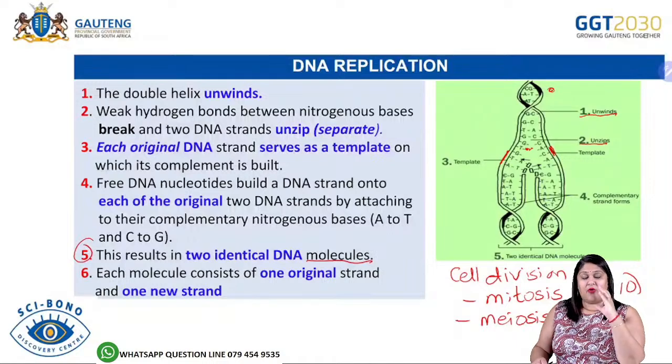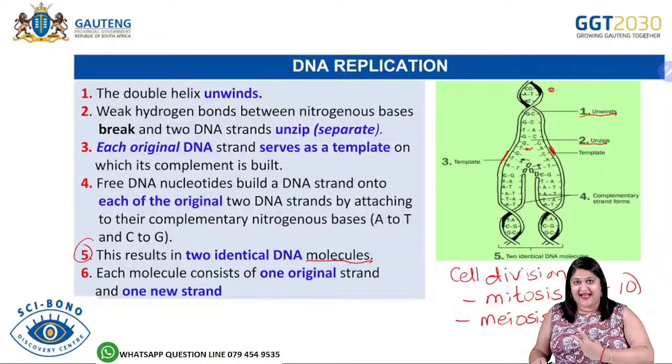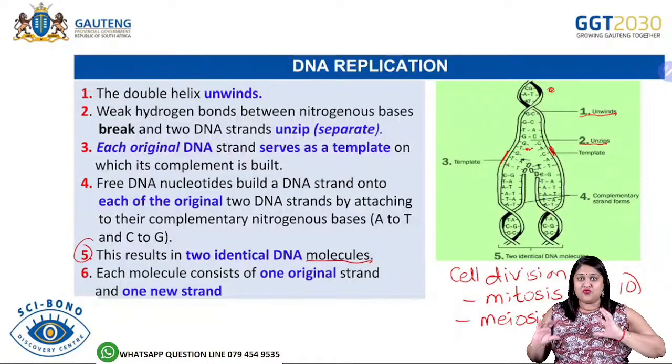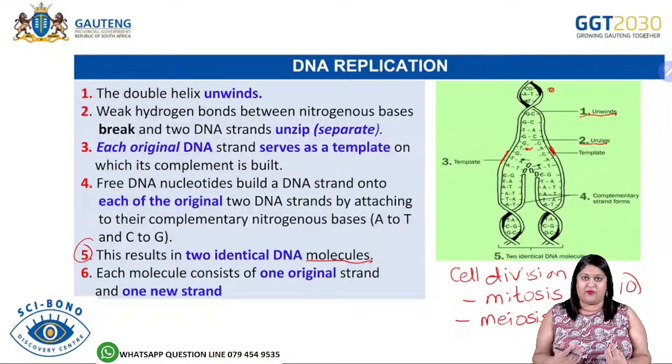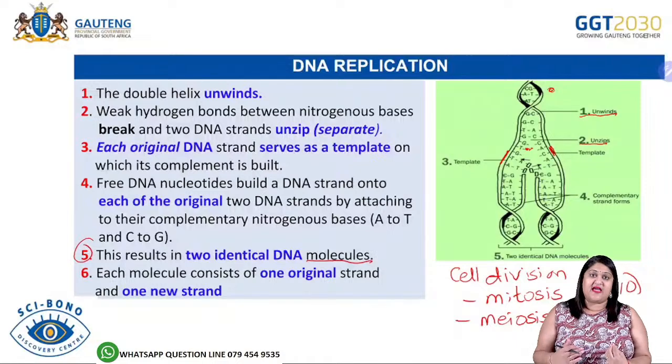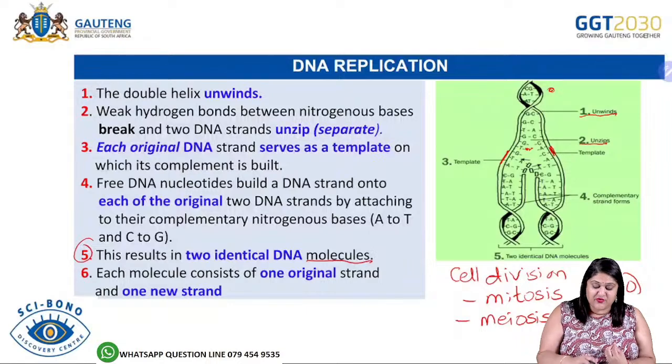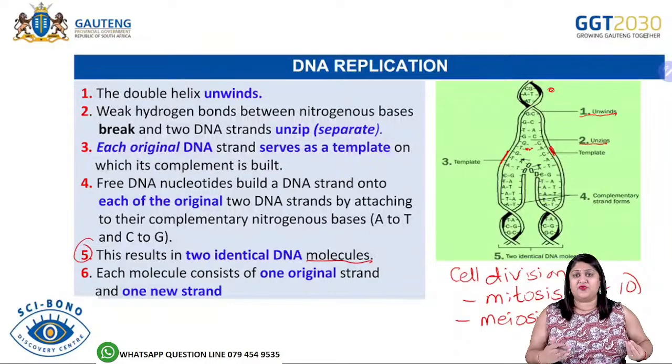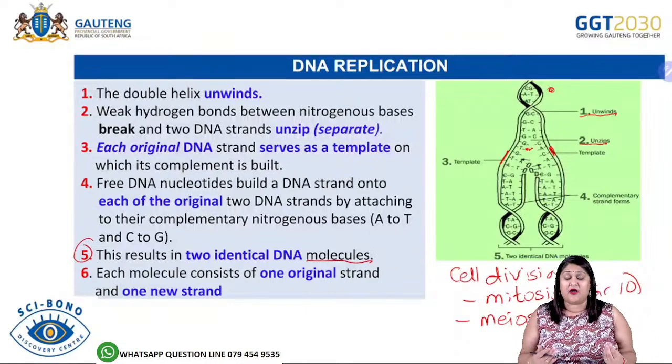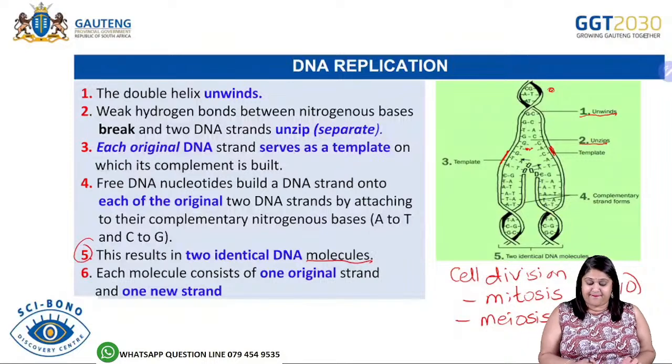Okay, so the molecule is made up of 2 strands, but it's not 2 identical strands that are formed. There are 2 DNA molecules that are formed. Okay, so that is what you need to understand and you need to remember, because when you write this in the exam and you're not specific, and you call it 2 identical DNA strands, you will lose marks because now you are changing the meaning of what is actually happening.